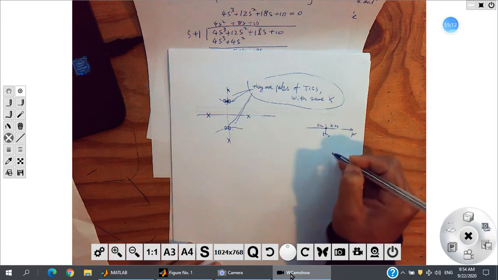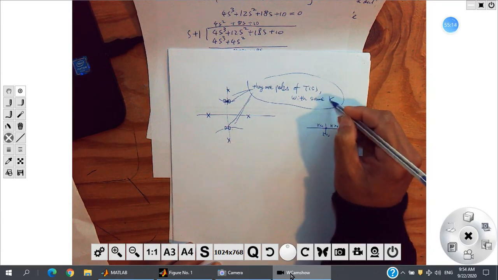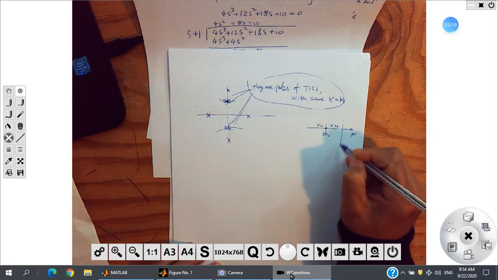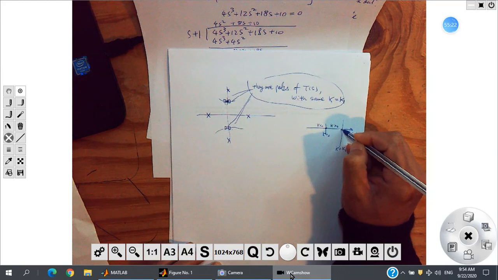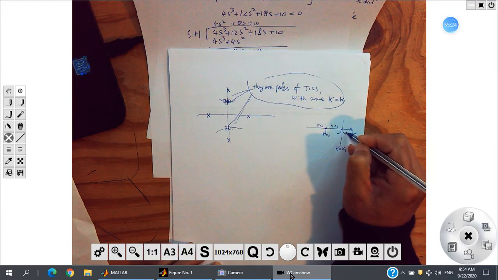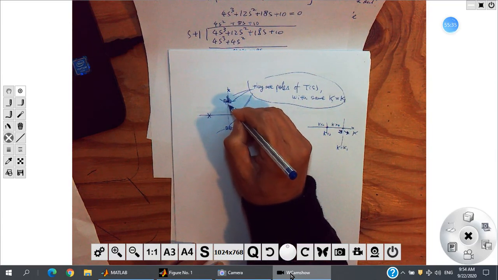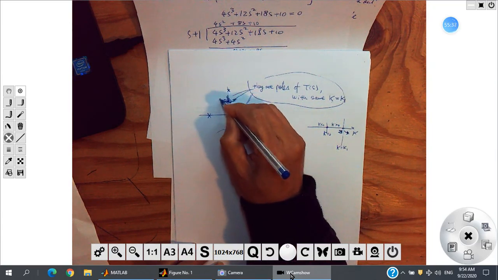Now you use the same k, like k1. Then you consider this point, left and right. This is arrive, this is a departure, right? Arrive and departure. So arrive works this direction, and departure works this direction.